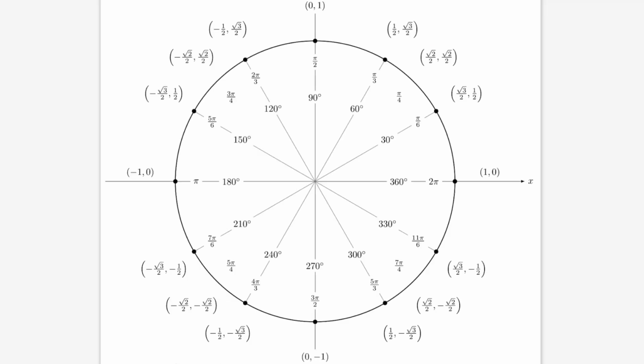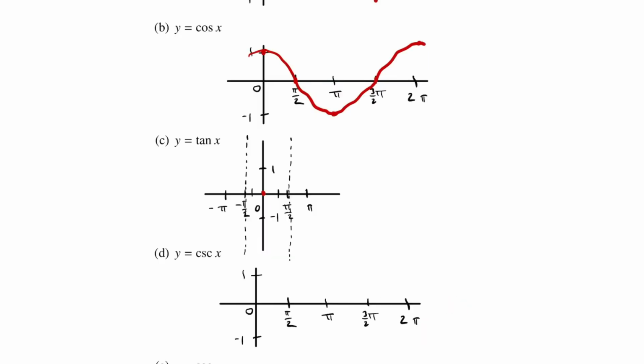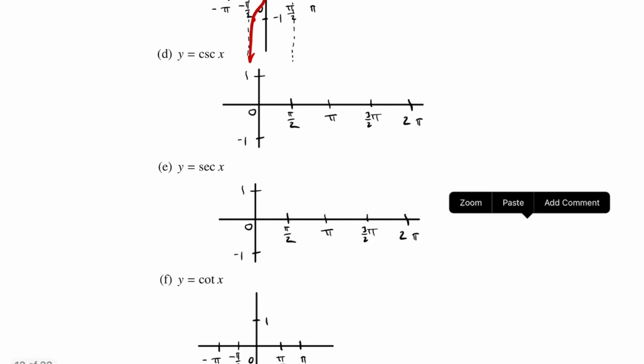And at negative pi over 4, it's going to be y over x, which is negative 1. So positive 1 for pi over 4, negative 1 for negative pi over 4. And this is what the tangent graph looks like. That's one complete period.